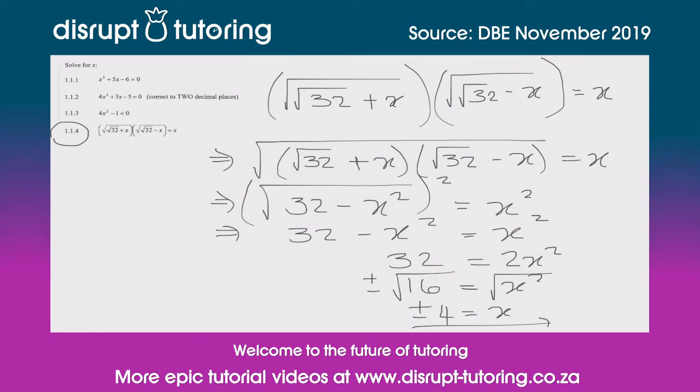So I've got plus or minus 4. Now remember, because we've had a step here where we've had to square both sides, there may have been something that went wrong around the positive or negative value of our actual answer. So what we need to try and do is substitute this back into our initial equation over there, to see if the left-hand side does indeed equal the right-hand side.